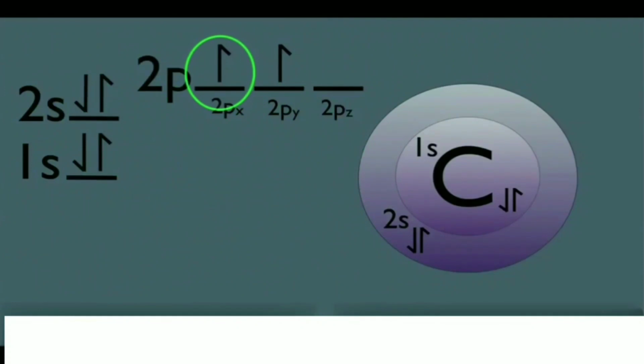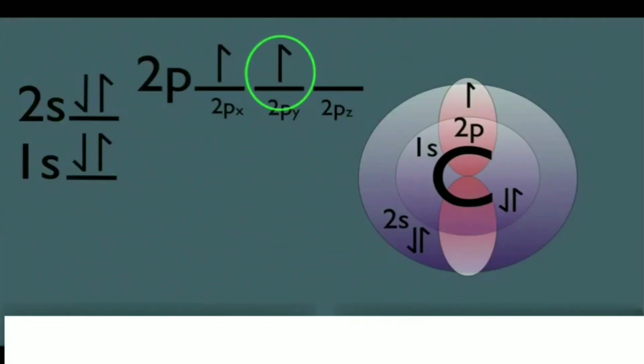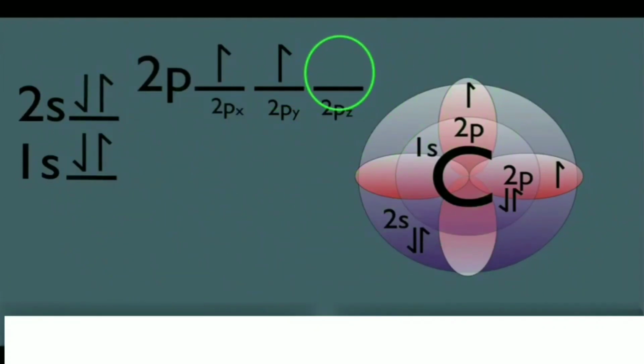Carbon also has 2p orbitals. 1 electron occupies the 2px orbital, then 1 electron will go into the 2py orbital. According to Hund's rule, electrons do not enter first in pairs along the axis. Last, the 2pz orbital will remain vacant. Now, whenever you think about electronic configuration, you will think about this diagram.